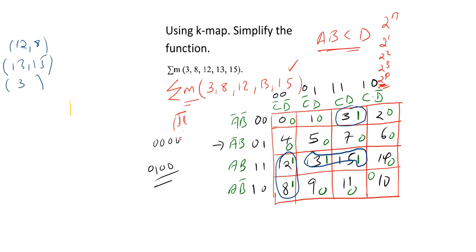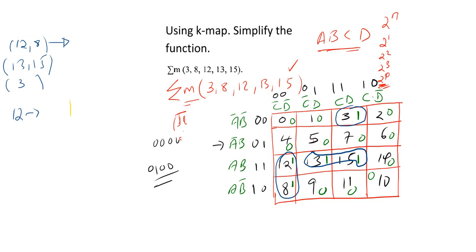Now, in those various groups, we write the equivalent expression using the inputs A, B, C, D. So, for example, for this one, we have for 12, where 12 is, we combine this row with the column.